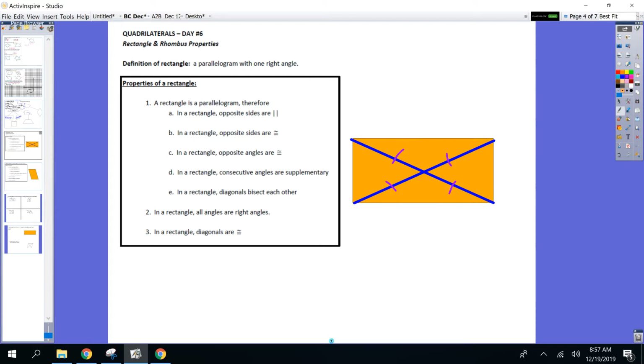Everyone good so far? Because now you're going to write a 4th property for me. Now that we know this, the diagonals form 4 blank. They form 4. What type of triangles are the isosceles triangles? Diagonals form 4 isosceles triangles.